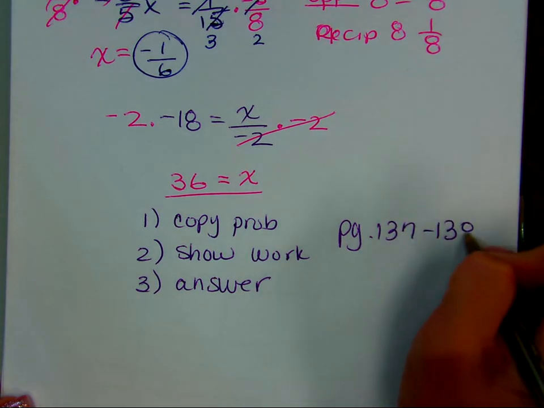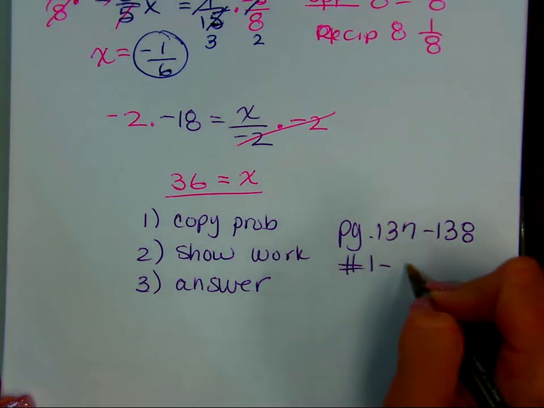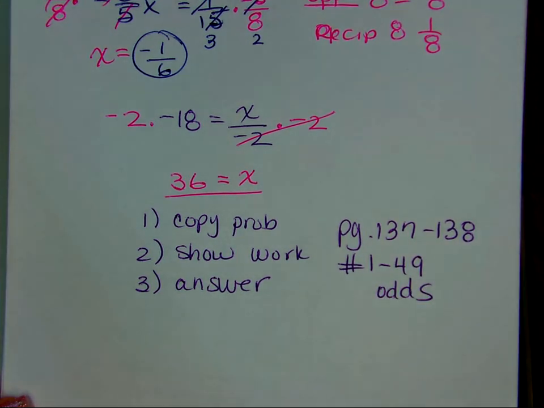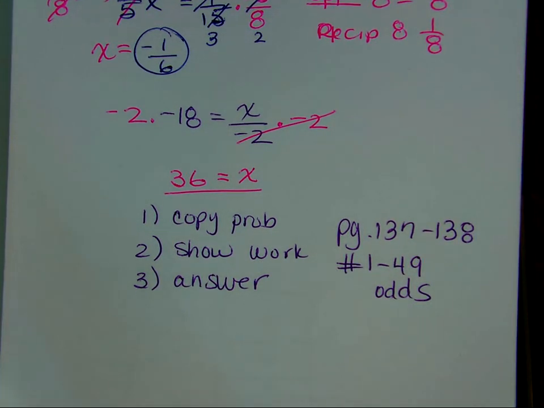Take into consideration what your answers will be for your signs. Remember your sign rules that we've been working on in SLOT. If you do those 3 steps for page 137, and it will continue on into 138, you're going to do numbers 1 through 49, odds, and that's your assignment for today.